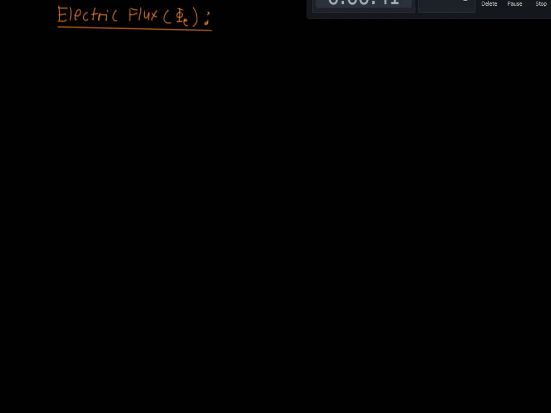So what does flux mean? There are a lot of equations that we have for flux. For Gauss's law, and we come back to it with magnetism. So we talk about flux a lot. What does flux actually mean? Flux equals flow. It's the flow of field lines.